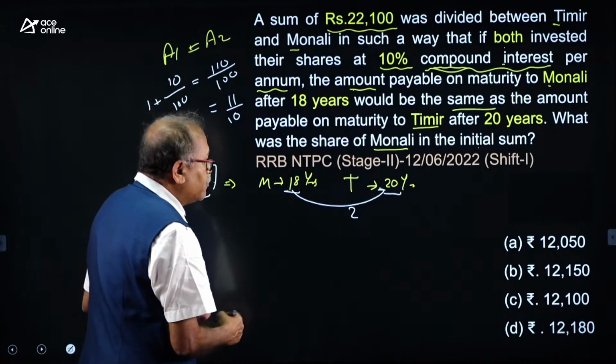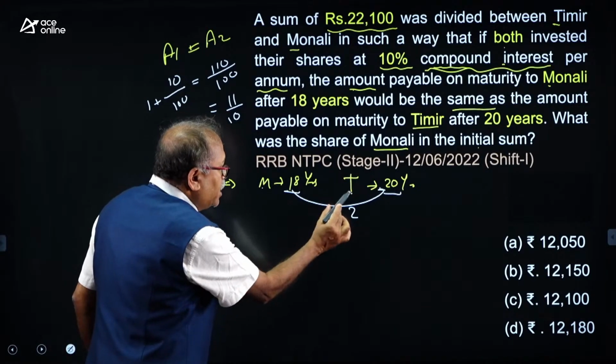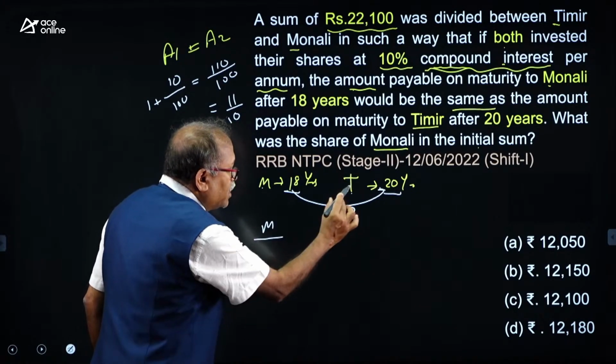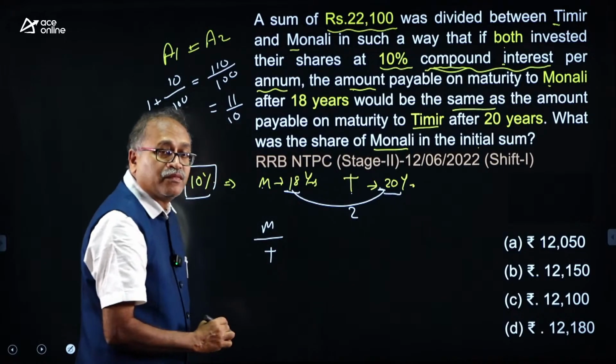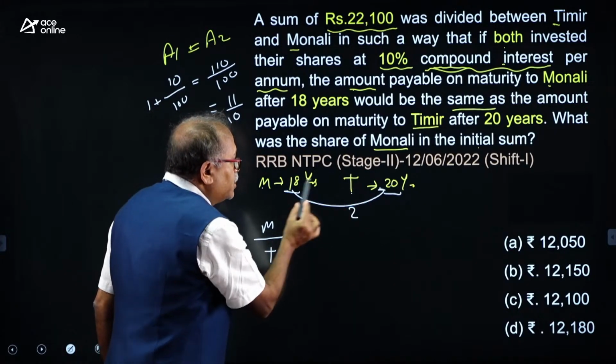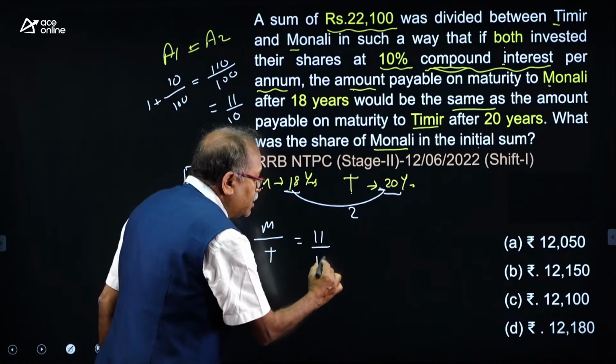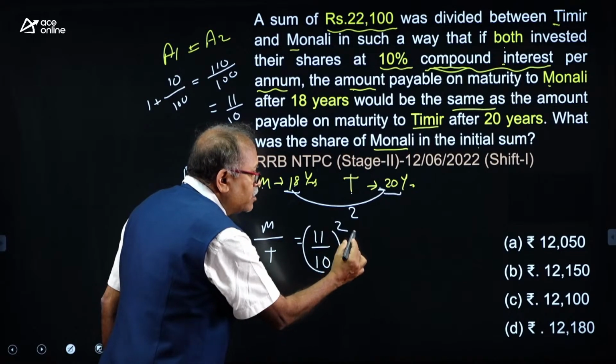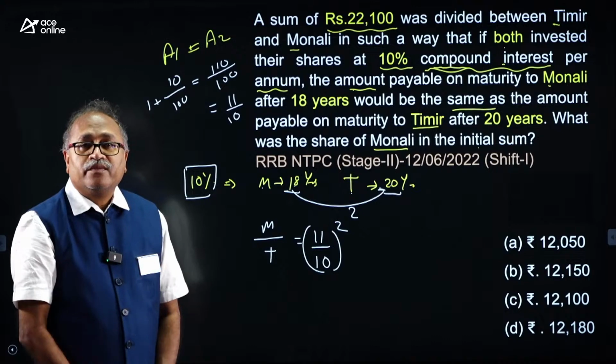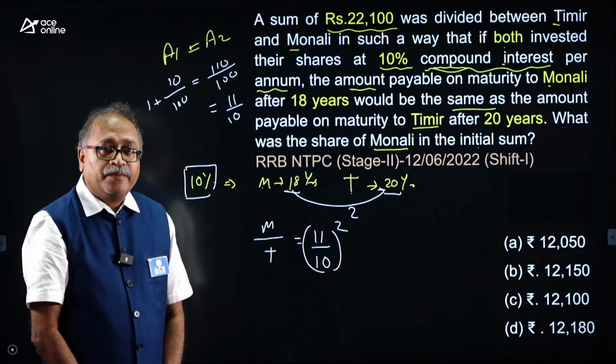So, what I do is take M by T, that is 20 minus 18, which is 2. So, take that 11 by 10 to the whole power 2. Done? Okay.